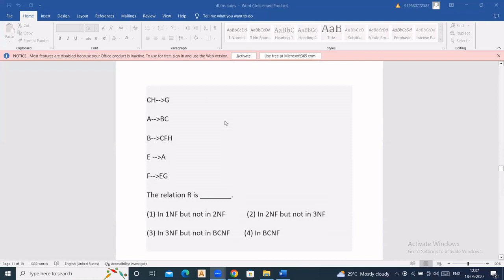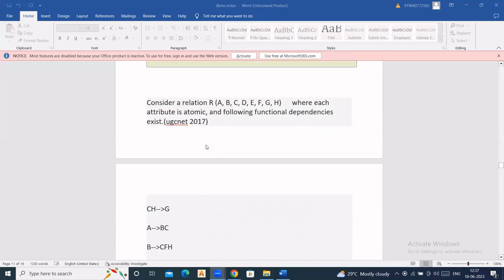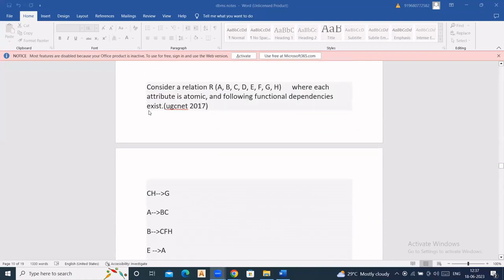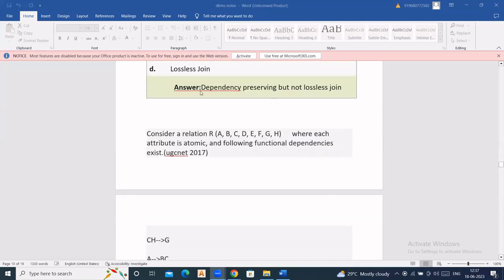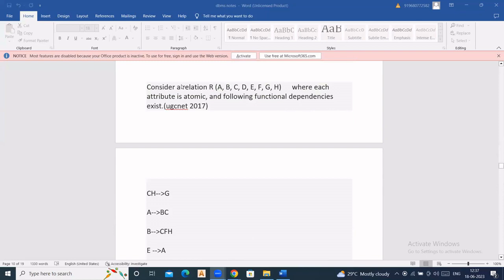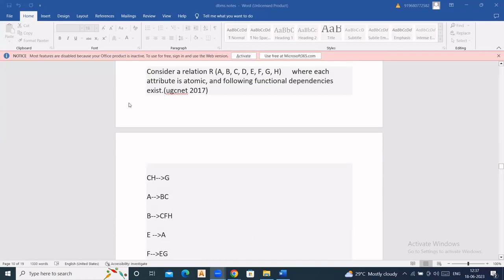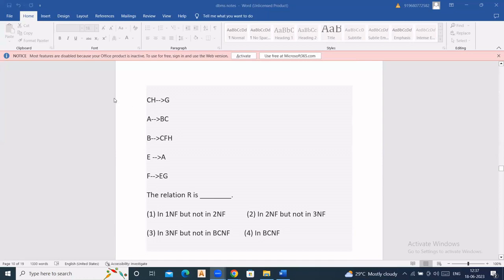Please answer this question. So this is the question. It's written UGC 2017 question. Consider a relation where each attribute is this. Now this is the relation. Solve it.